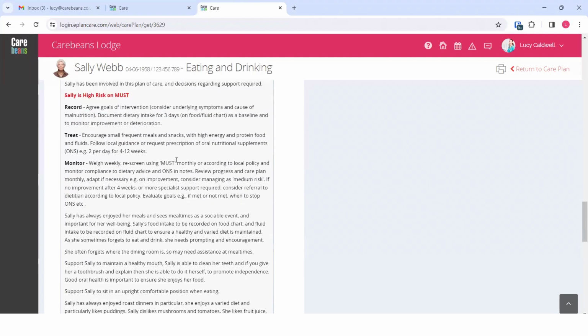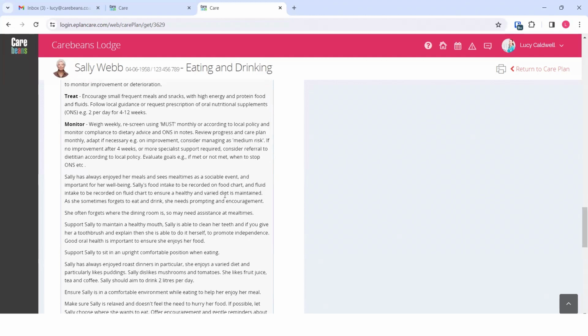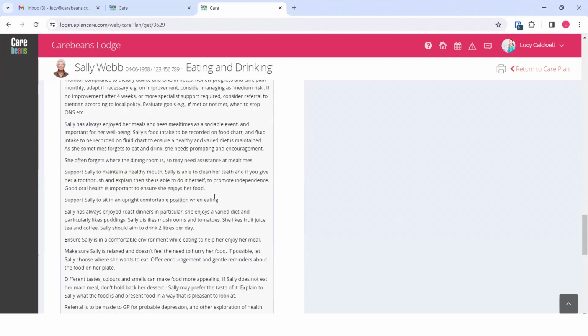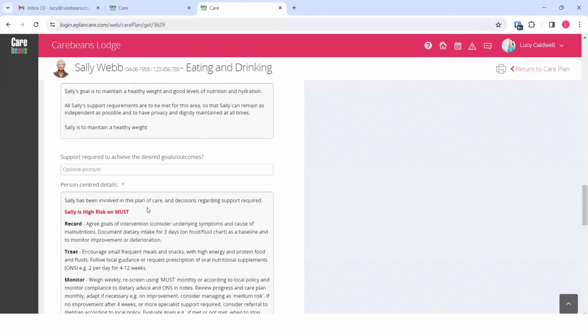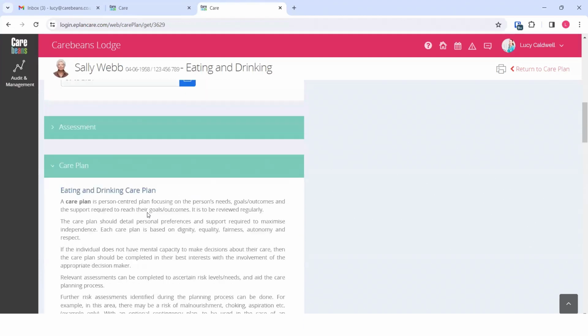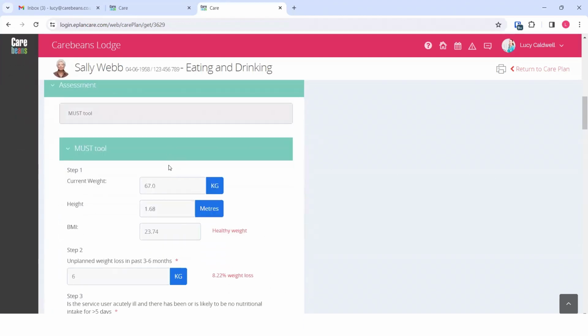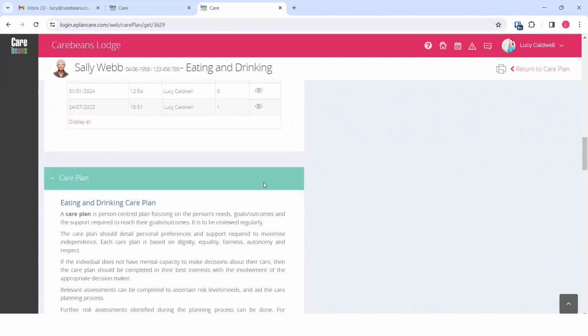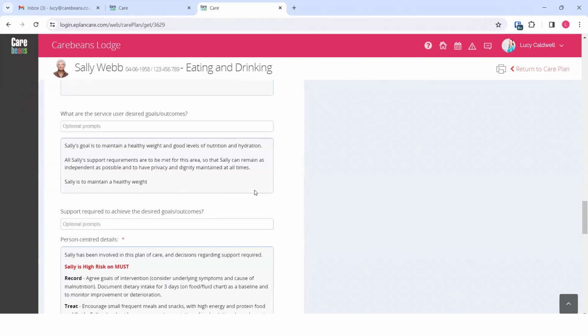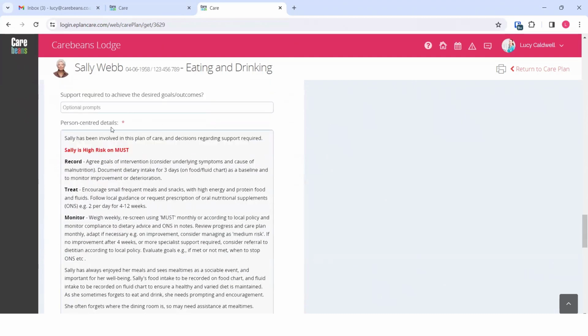And then I've put in place some robust support plan. So here we've got the MUST guidance actually, because up here I did do a MUST tool. So you've got your MUST tool in place there as well. That's sort of giving me a risk level for her. I've put all that MUST guidance in here, what they recommend.